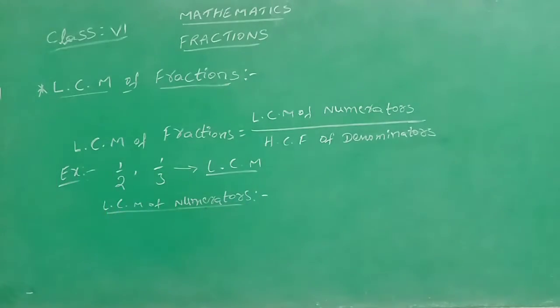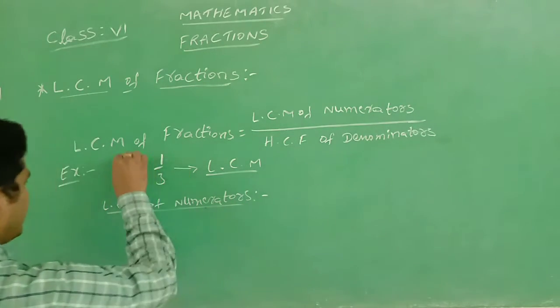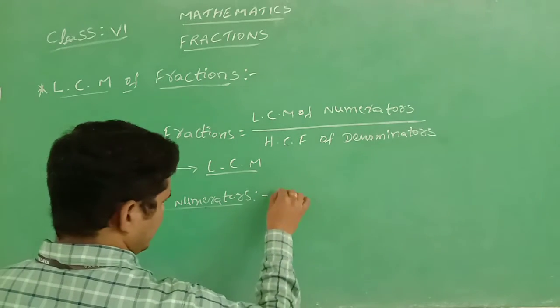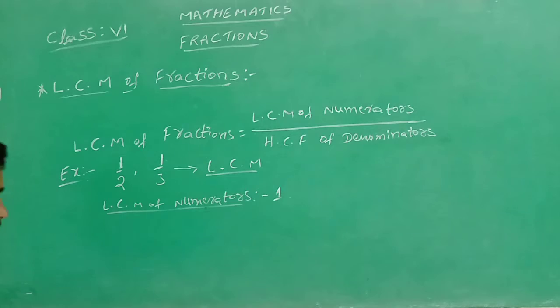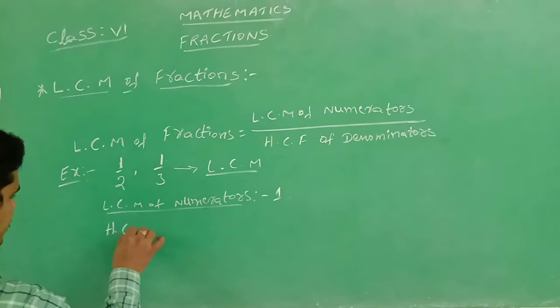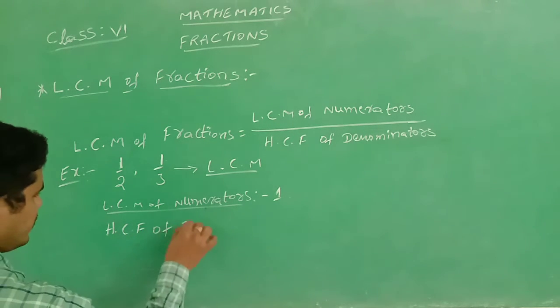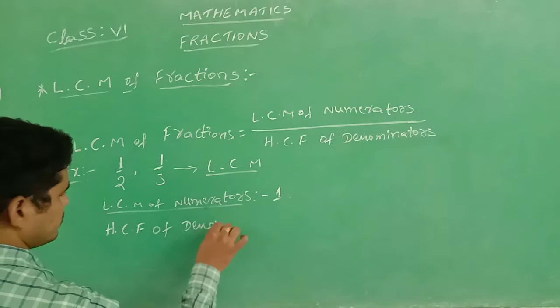What are the numerators we have? 1 and 1. So for 1 and 1, LCM is 1. And then HCF of denominators.